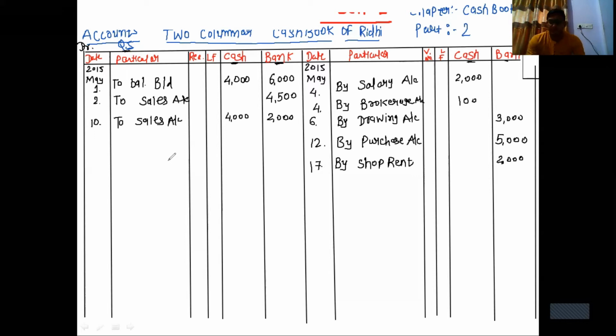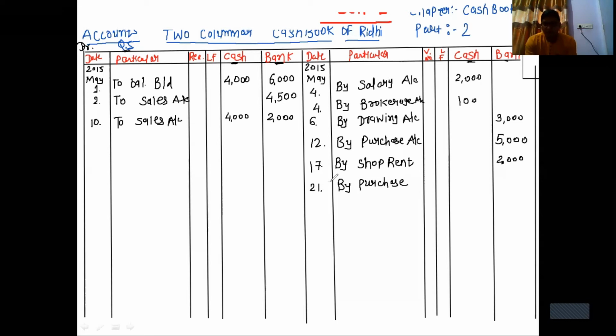Okay, next step, 21, goods of 4,500 purchased in cash at 10% trade discount. Here we purchase the goods by cash. So again, credit side, we have to write by purchase, and date is 21.